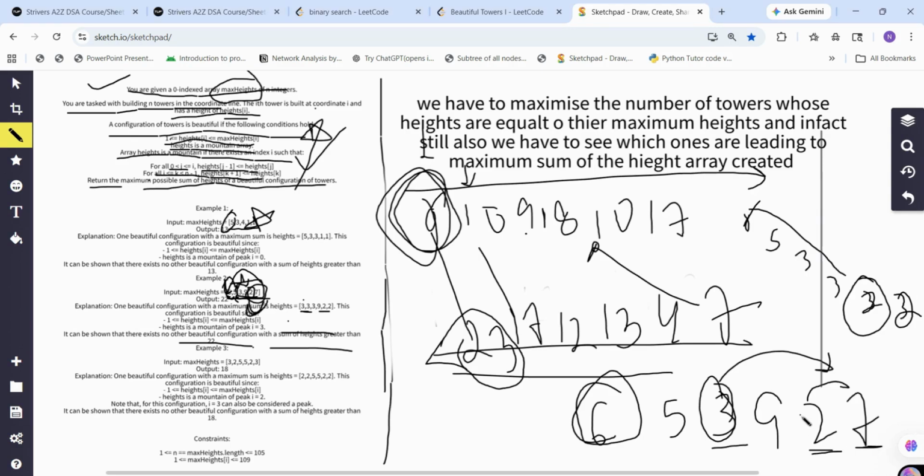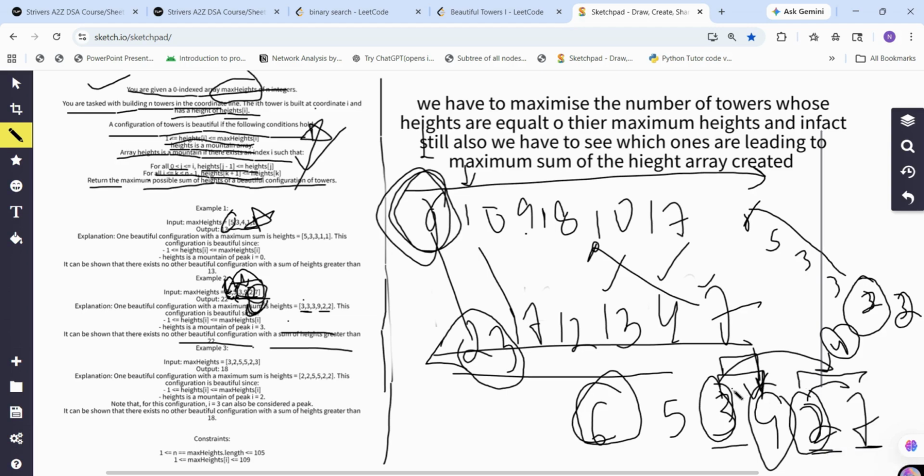So yes, the 2 will be present. It will be inserting 7, after that it will be removing 7, but it will be inserting 2, then it will be inserting 9, but it will be removing 9, and it will see that I am having 2. So what was the maximum sum possible here, 4, that it will be considering, plus what it has to remove, this top and 3.